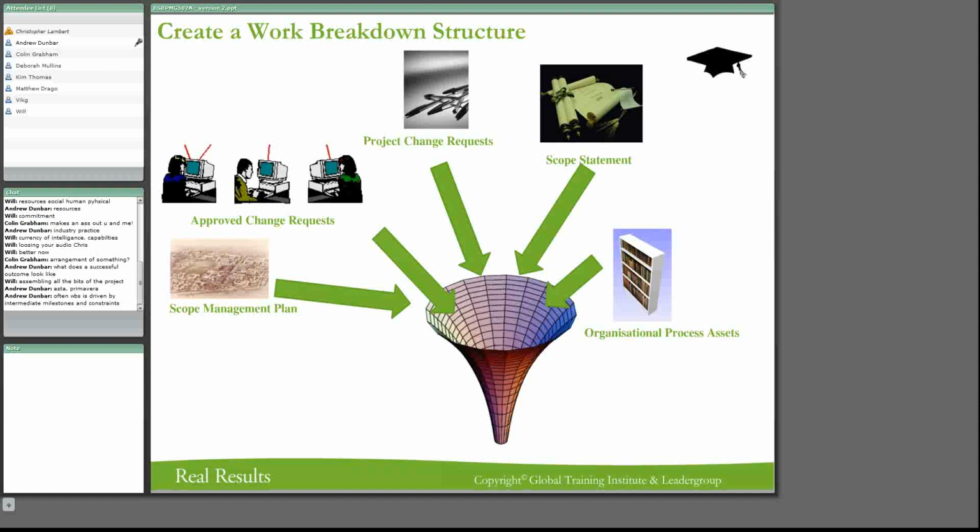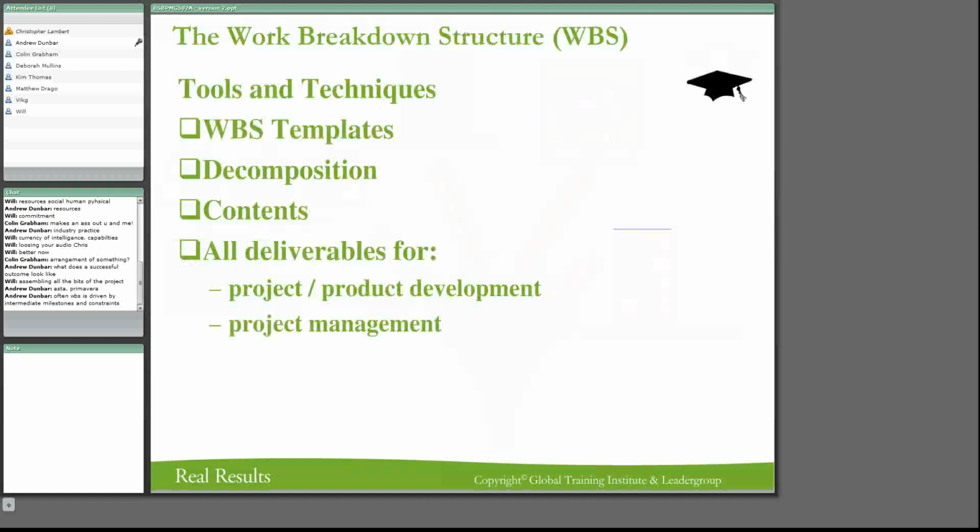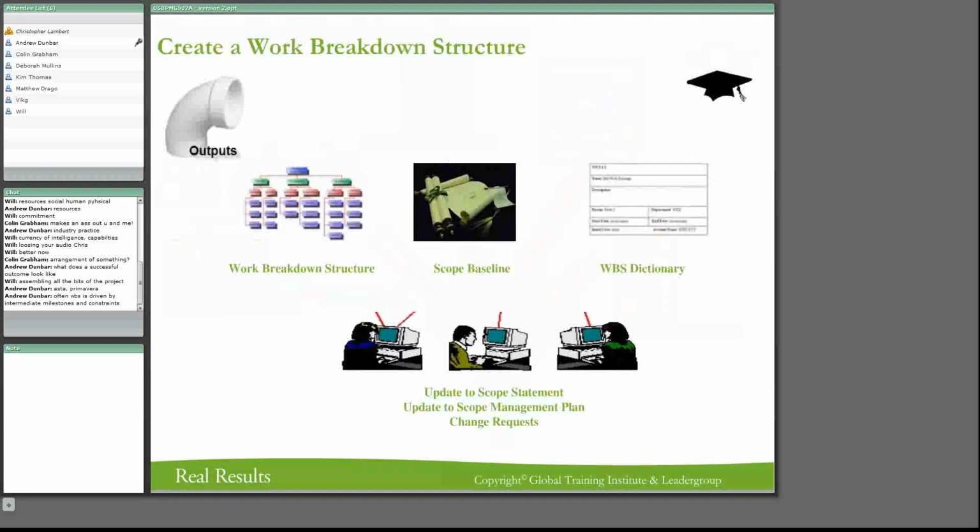Here are some of the tools. There will be work breakdown templates. There will be a decomposition of it. We'll see the deliverables, all the deliverables for the project, the product development, and the project management. So here are the outputs. You're going to have a scope baseline.